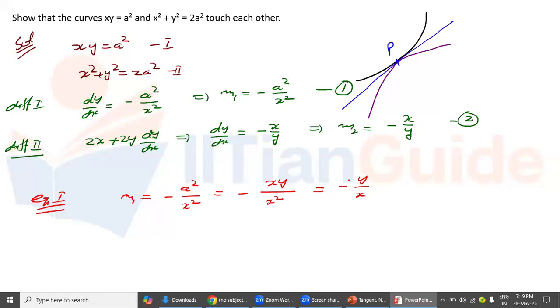One is minus x by y, another is minus y by x. Am I right or not? Tell me. So they should be equal. They should be equal. And I don't think we have committed any calculation mistake anywhere. So what can we do? Tell me.